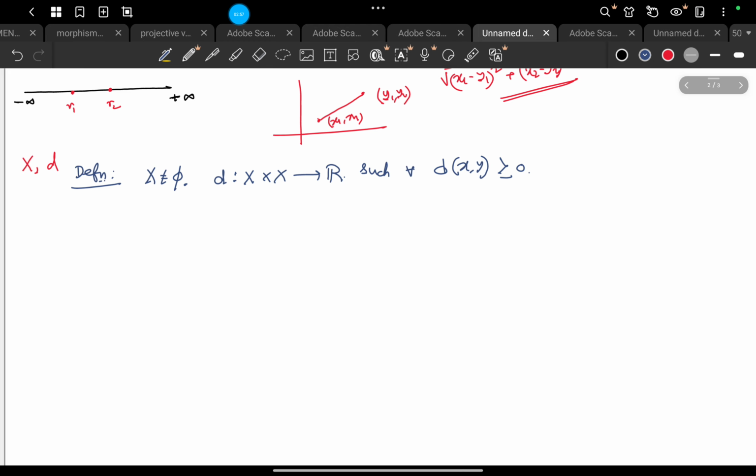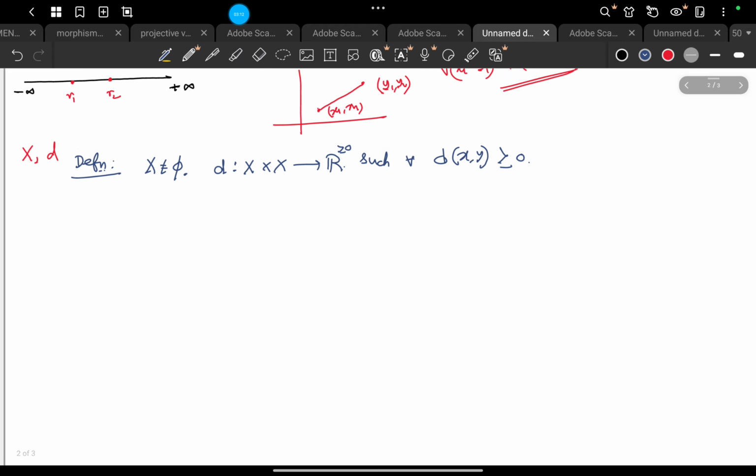So it is enough to take R larger or equal to 0. Instead of the entire real line, if we restrict ourselves to non-negative real numbers, then we are good enough. Then this particular function is said to be a metric on x if the following are satisfied.